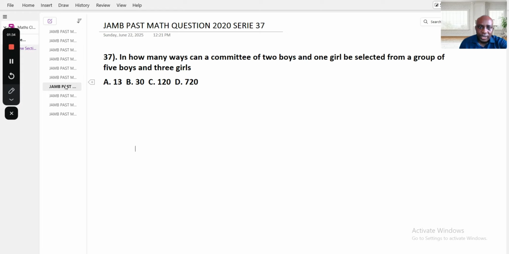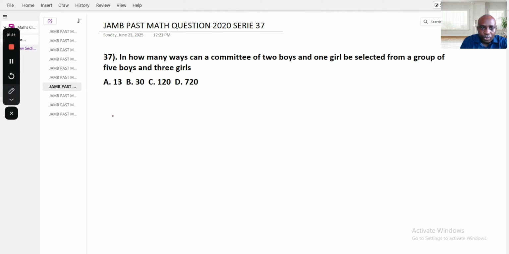In how many ways can a committee of 2 boys and 1 girl be selected from a group of 5 boys and 3 girls? This is a combination.